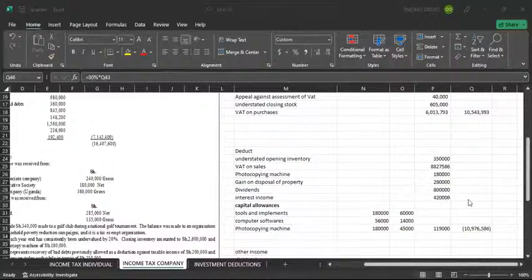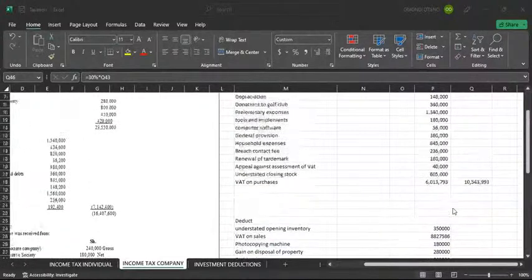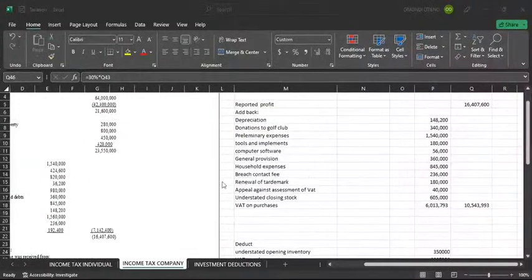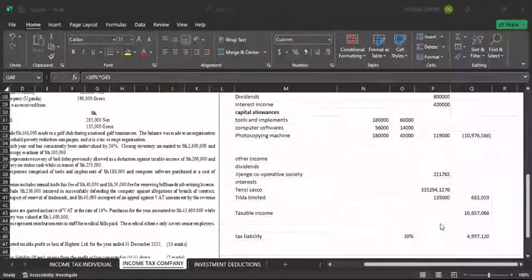So if you go ahead and calculate the tax liability, you are answering part 2 of that question. That is, calculate tax liability, if any, from the taxable income calculated in Roman 1 above. As you can see, we have 10 marks for part 1 to reach this point of taxable income.